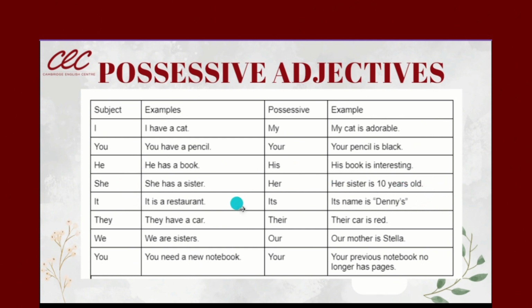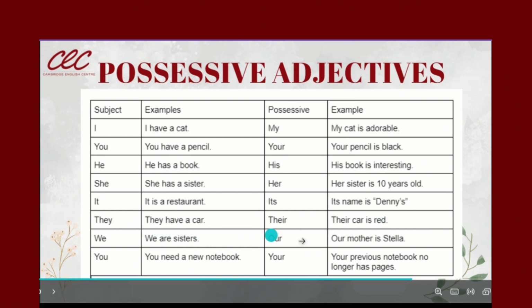It is a restaurant. Okay, let's look at this example. It is a restaurant. Its name is Dennis. Whose name? The restaurant's name, right? We are talking about the restaurant. They have a car. Their car is red. We are sisters. Our mother is Stella.